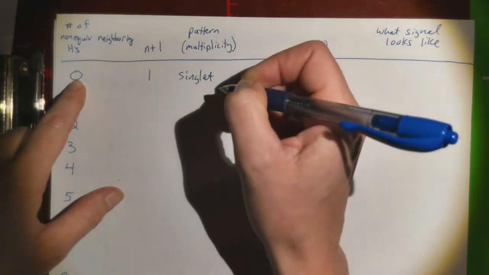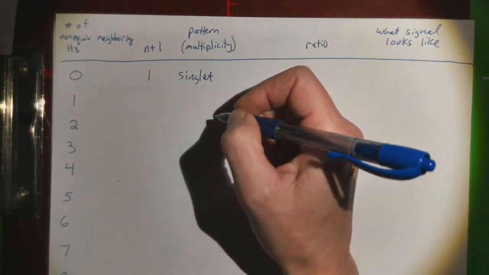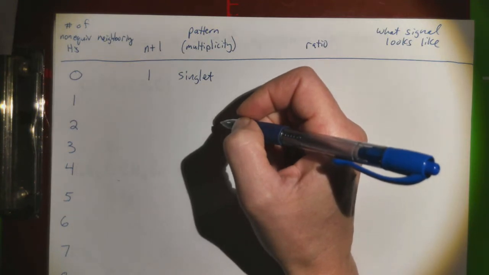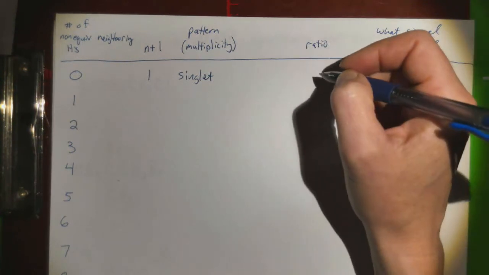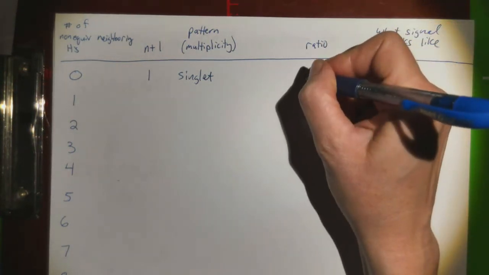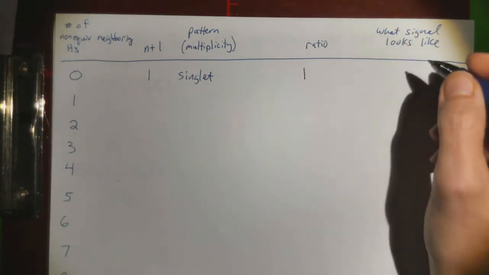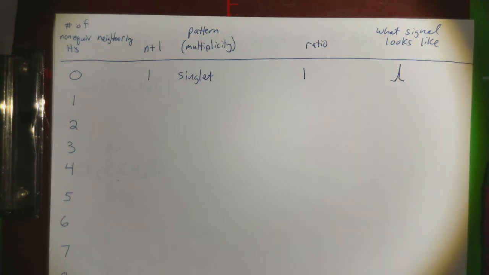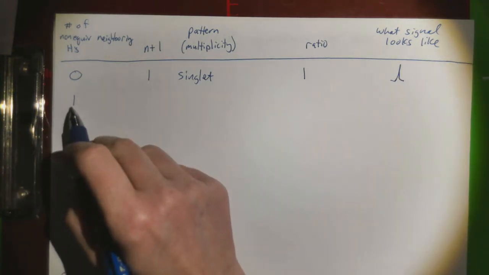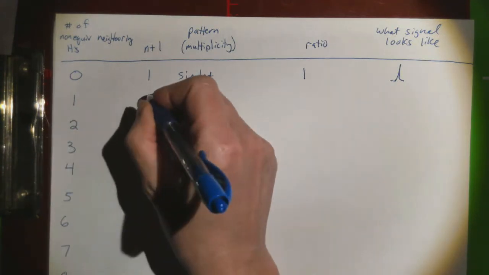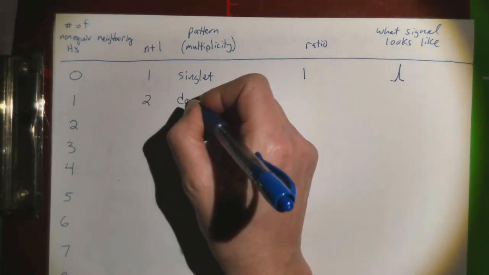In methyl tert-butyl ether, we have 2 singlets because they both have no proton neighbors immediately next door. So that ratio, if you just have 1 to start, what does it look like? Well, you've seen a singlet. If you have 1 non-equivalent proton neighbor, 1 plus 1 is 2. That's going to be called a doublet.